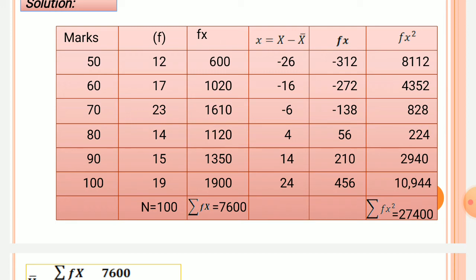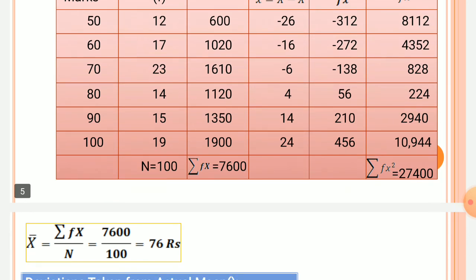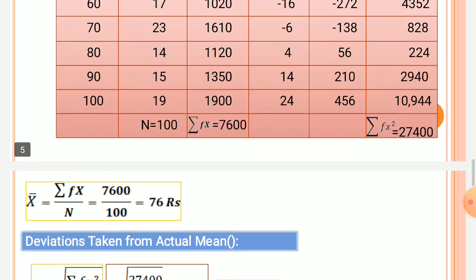So like that we calculate the product of fx into x, fx square. Then sum of fx square, sigma fx square is equal to 27,400. Sigma fx is equal to, already known, 7,600, n is equal to 100.